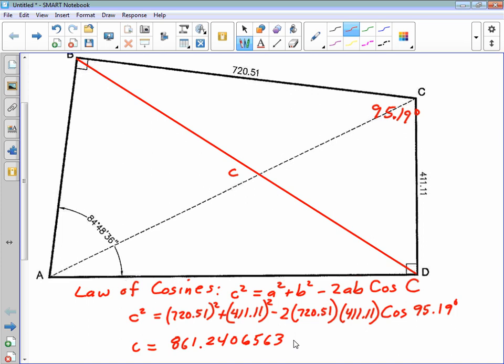Okay. So now we have that this is 861.2406563. Now you'll notice, as we talked about earlier, when you know an angle and its opposite side in a triangle, and then one of anything else. So we have these two, and this is money. And then we also have one side here, which will allow us to find this angle right here.